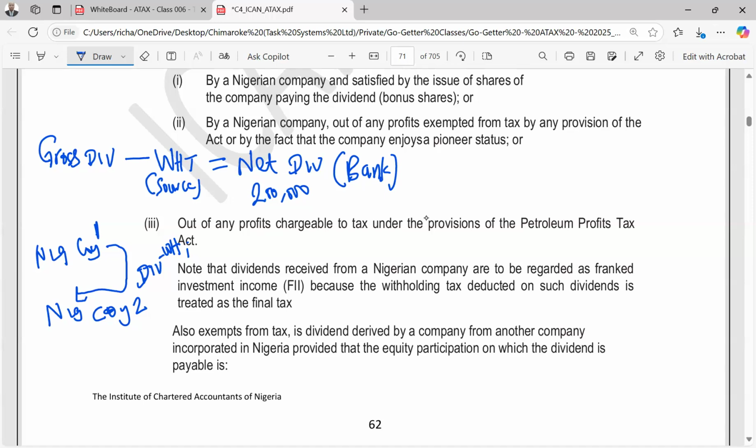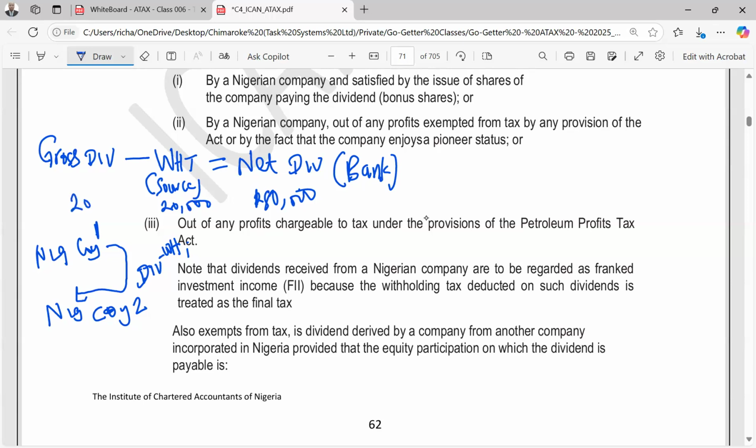Let's assume that your net was 180, and 20 was removed.